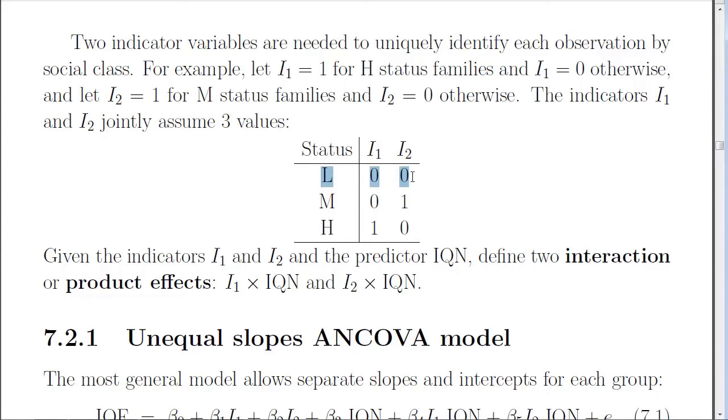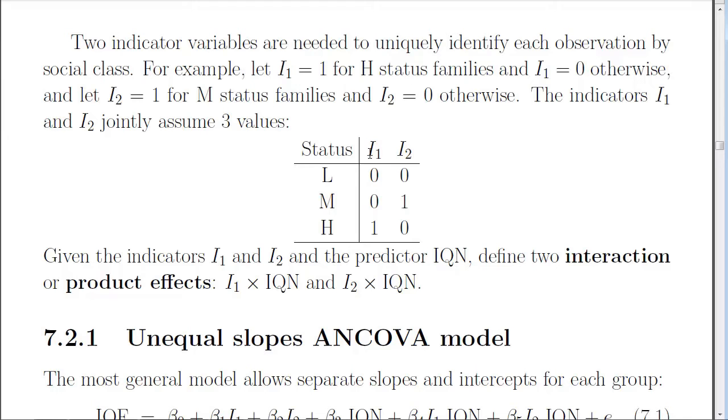So the intercept that we get for the entire regression model is going to be the intercept for the low group, and the first slope parameter is going to be the slope for the low group. Then we'll have modifiers for the medium and high group, and the modifiers are going to use this indicator variable notation. So I1 is going to be the indicator variable for whether we're a high status family or not.